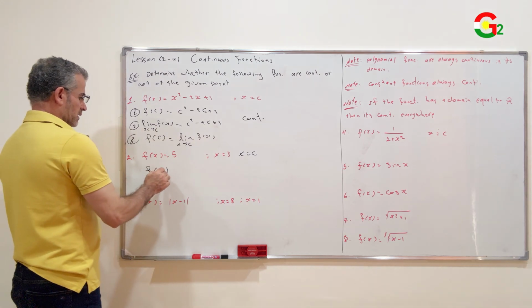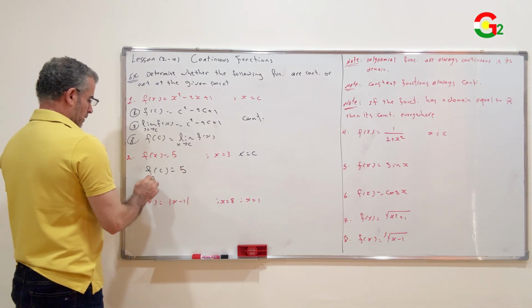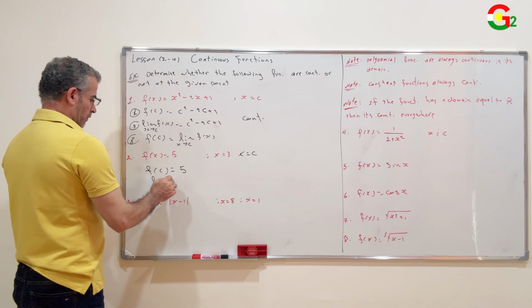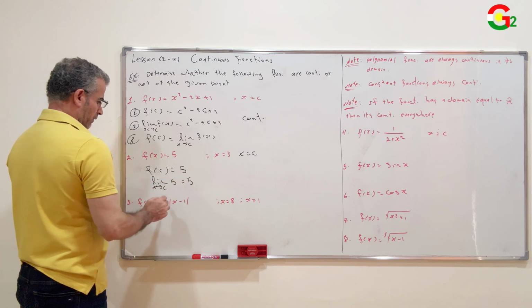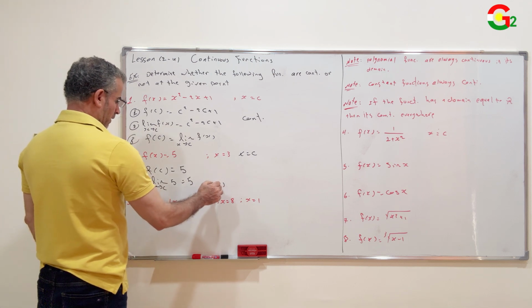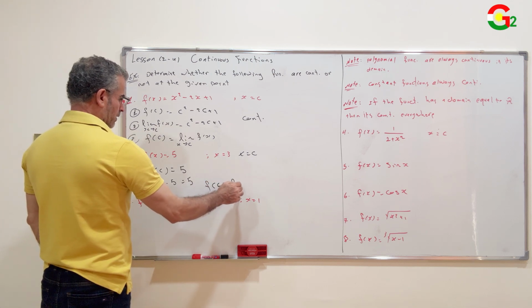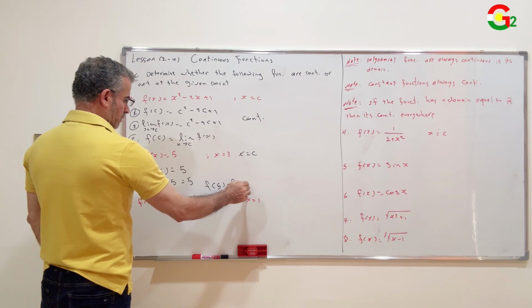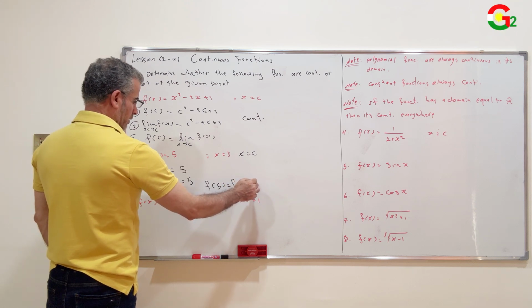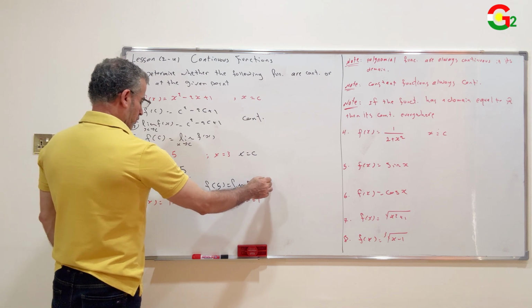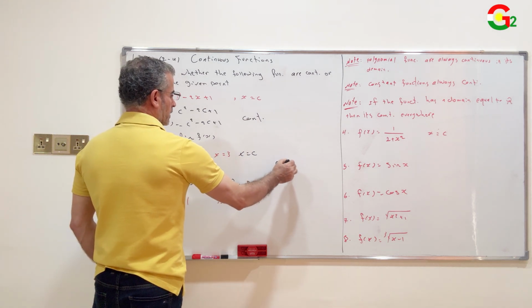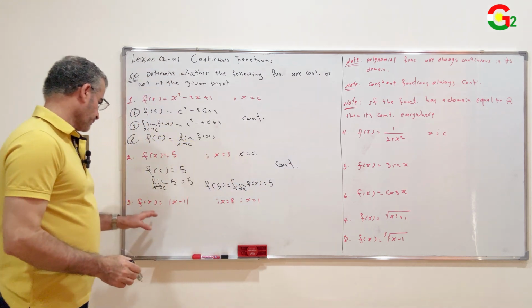F of c equals 5, the limit as x approaches c of 5 also equals 5, and f of c equals the limit of the function when x approaches c and equals 5, then the function is continuous.